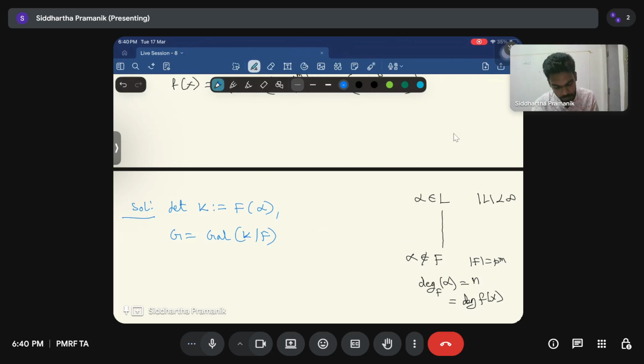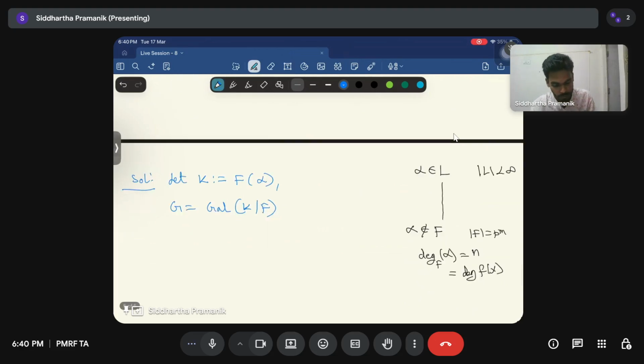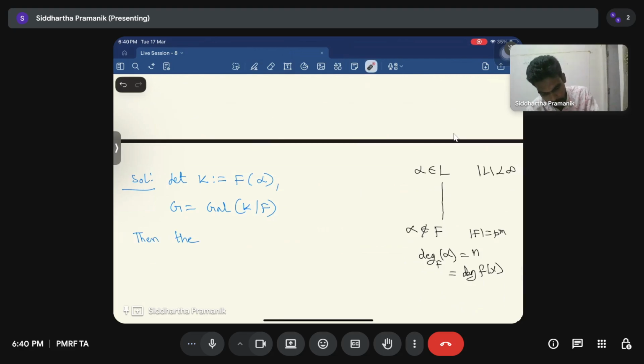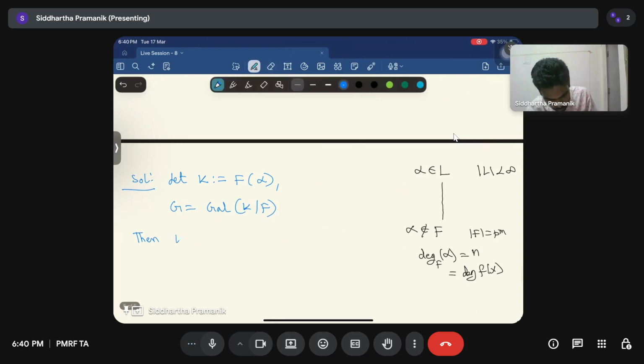So now using the Galois group, there is a way to find the irreducible polynomial of an element. So how to do this? Right. So then, so this is a Galois extension. So let me mention that. Then K over F is a Galois extension, because these are all finite extensions of finite fields.